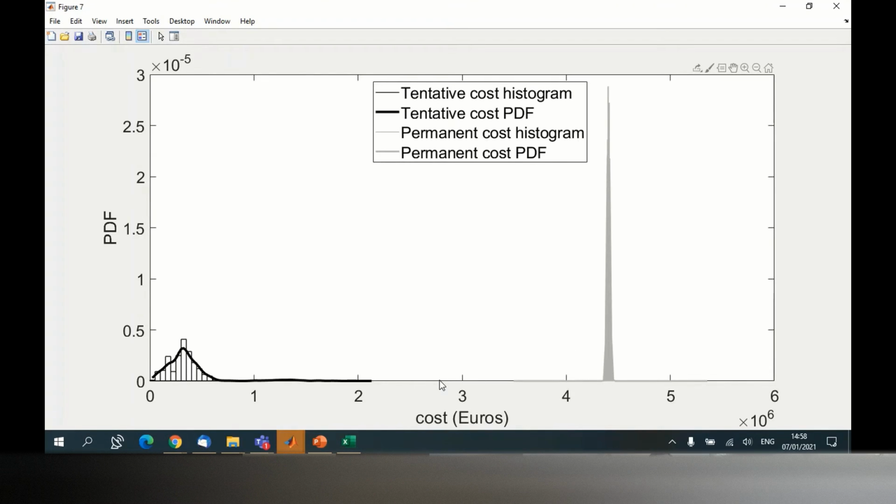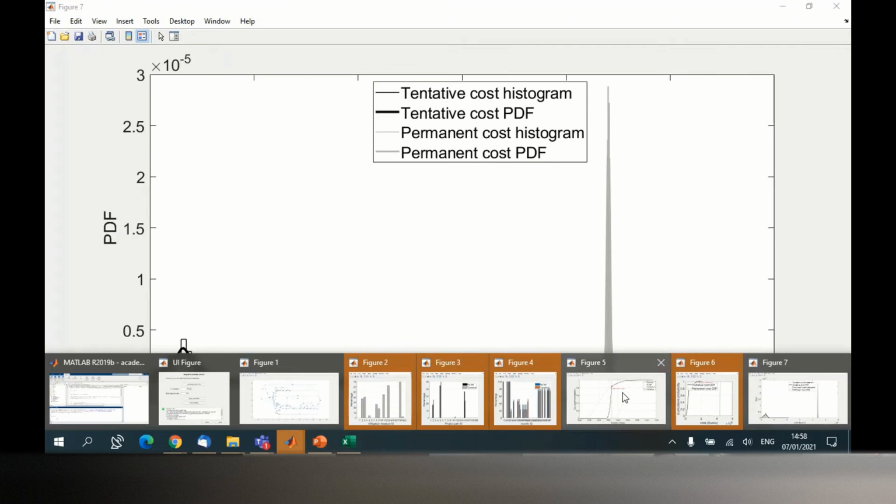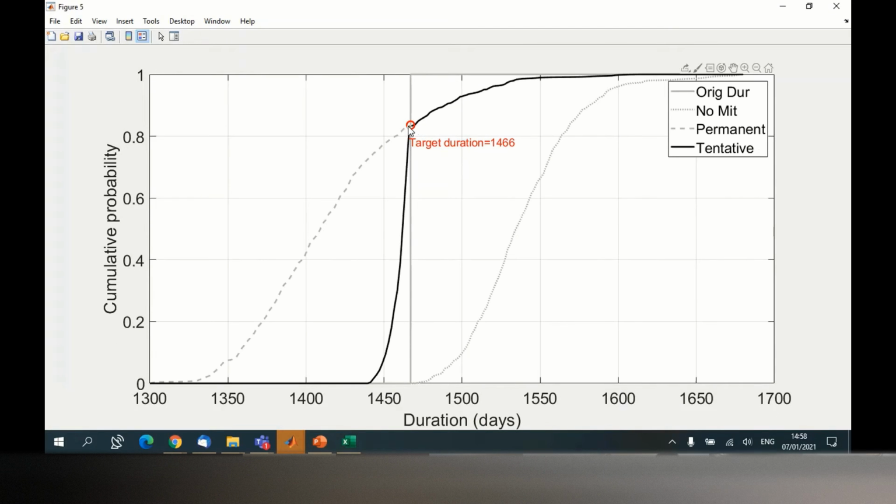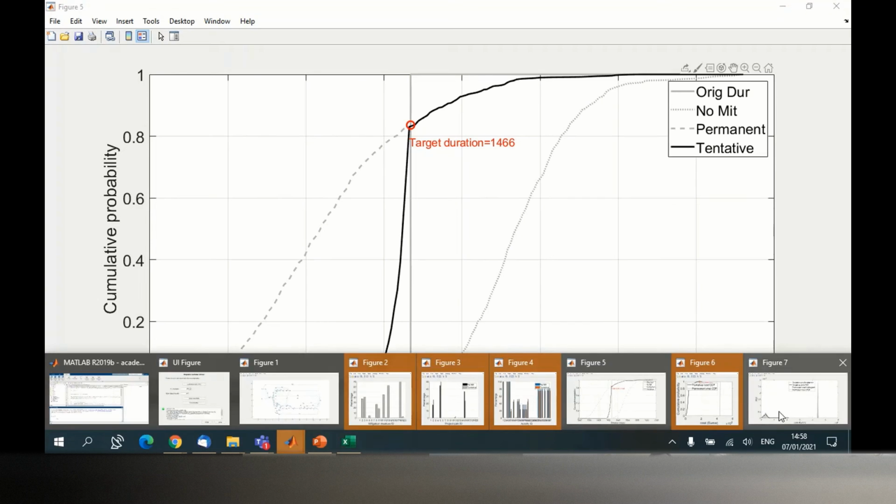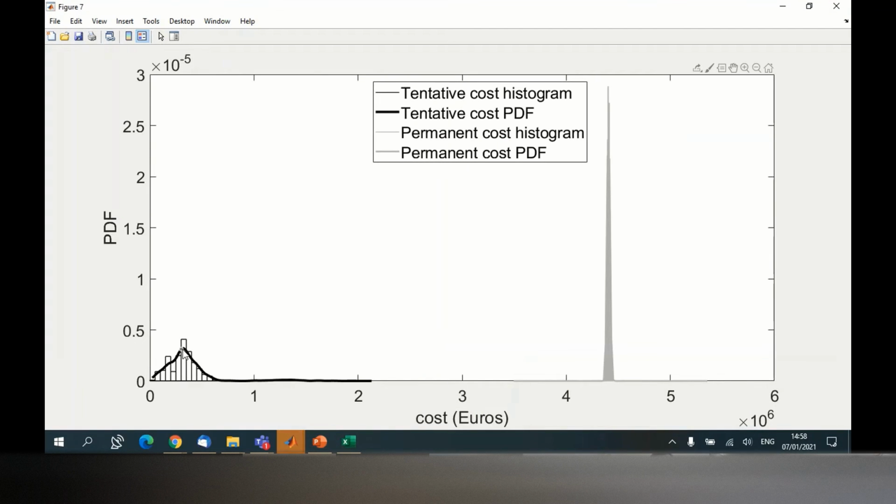But with the mitigation controller, you are sure that you are getting the lowest cost possible while achieving the highest probability possible. So we are getting the same probability as if we were applying all mitigation measures, but we are paying a much lower cost, which is this one here.